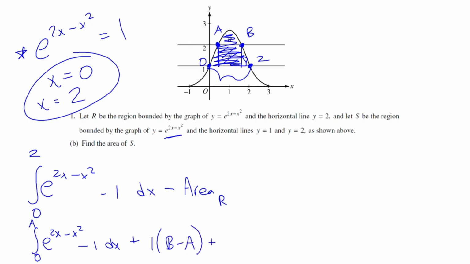And then we would add to that the integral from b to 2 of e to the 2x minus x squared minus 1 dx. And either way you do it, you're going to get the same answer.